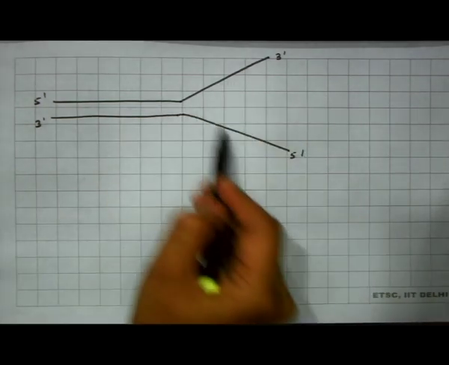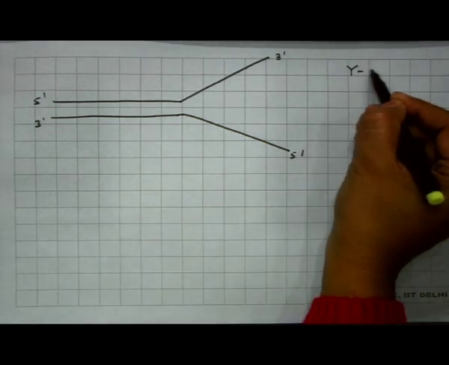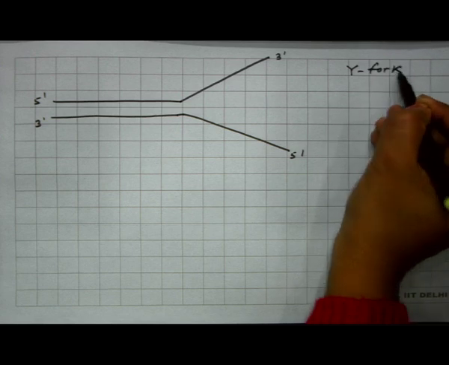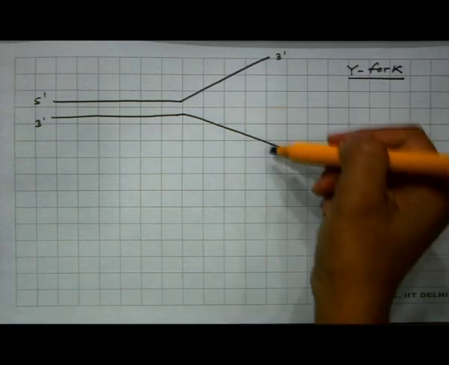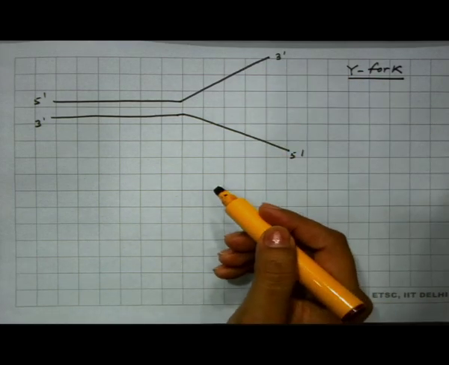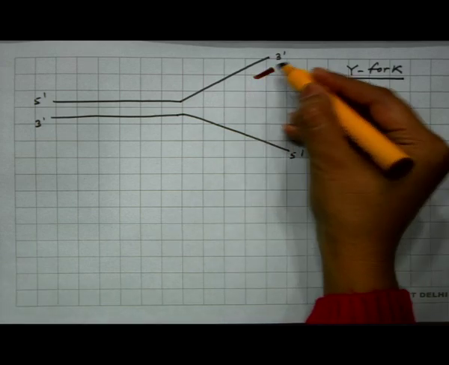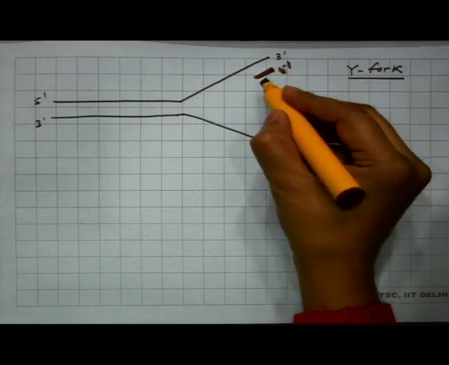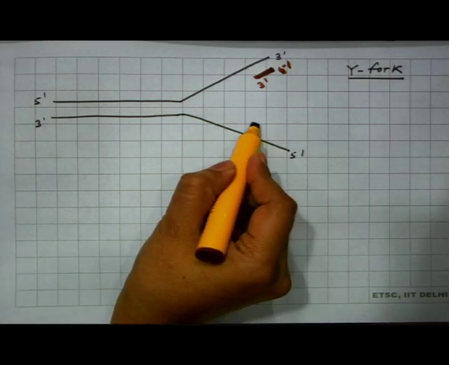This separated strand appears like a Y, and that is why it is called the Y fork. In both of these separated strands, which we call templates, the primer will get attached. Suppose this is a primer, 5' end and 3' end. Here also the primer will get attached.